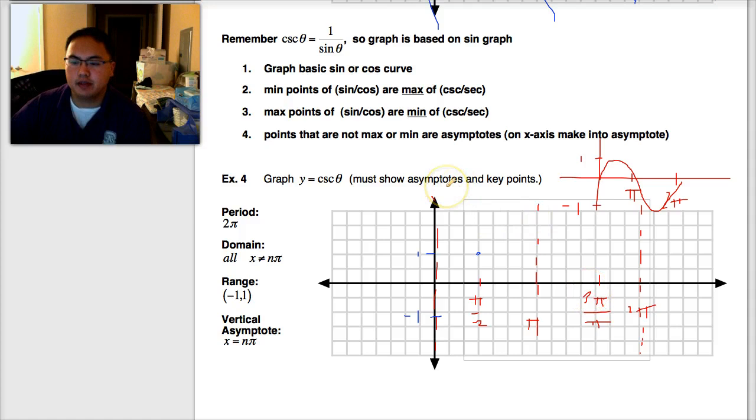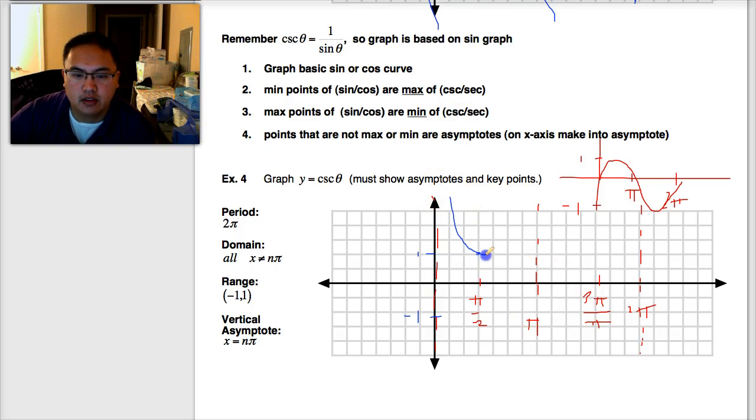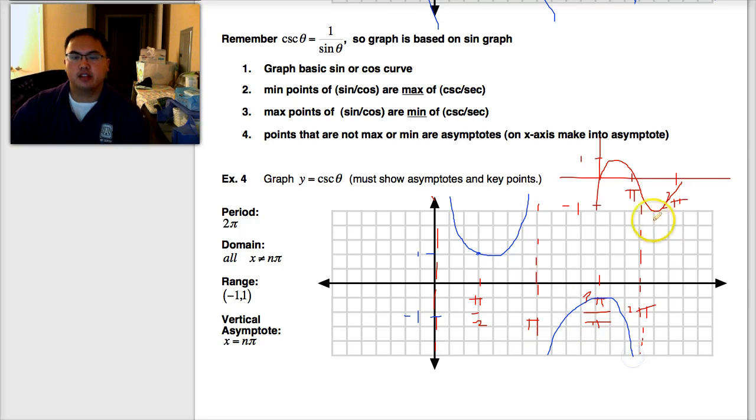How it looks like, essentially it looks like U's and upside down U's. So this first segment looks like this, and this bottom segment looks like this. And it repeats forever and ever. So up, down, up and down, up and down. That's cosecant. Okay.